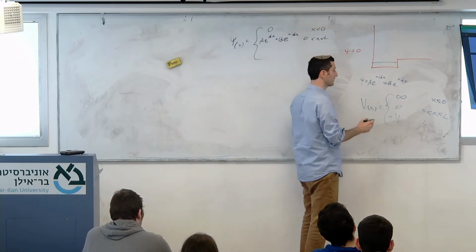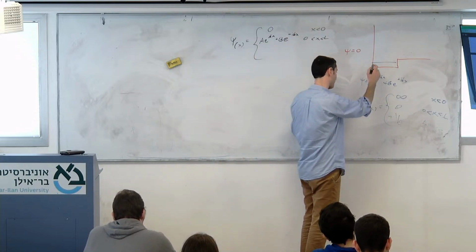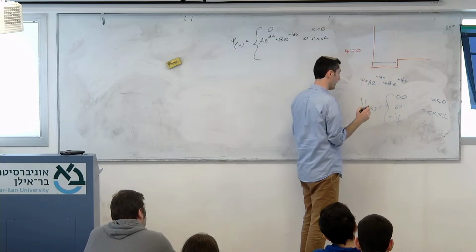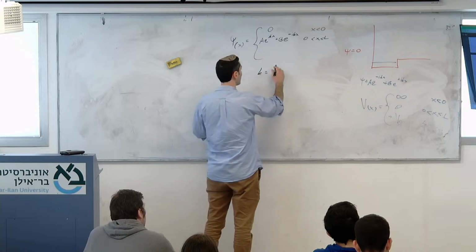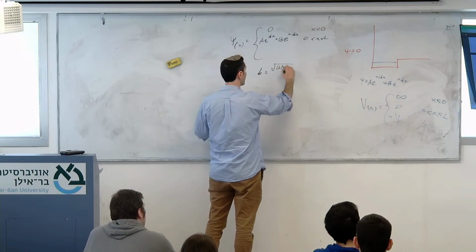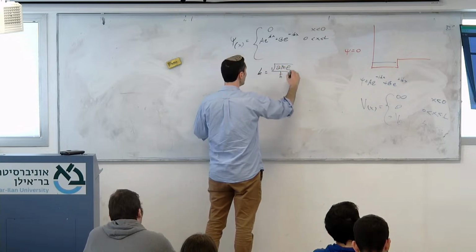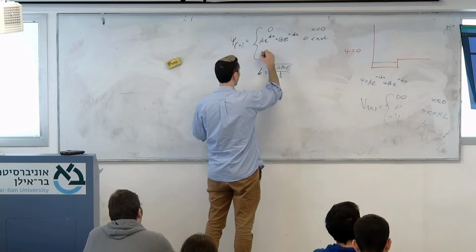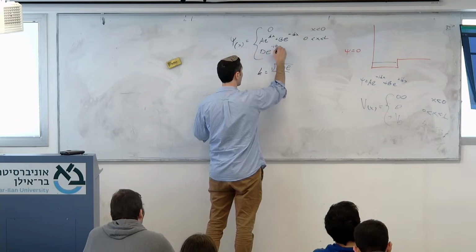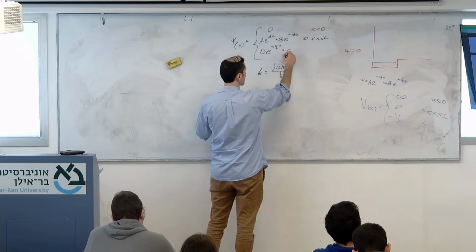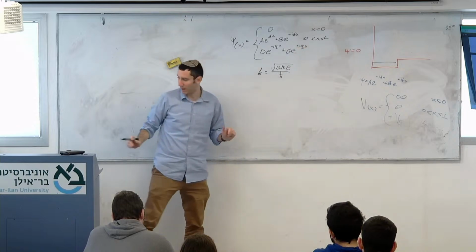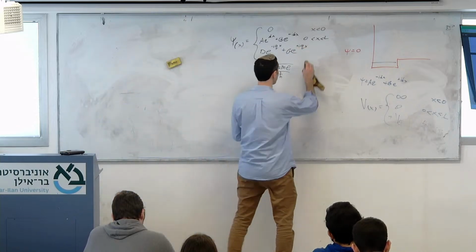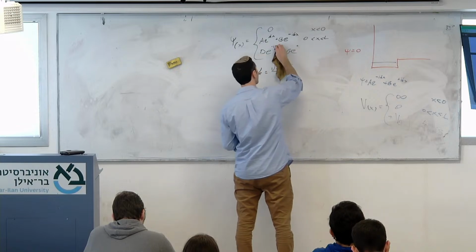Here I define, here V is 0, right? Therefore k is going to be the square root of 2mE over h bar. And here I would have D e to the minus qx plus G e to the plus qx, only there's no i here, because these, as I said, are real exponents.